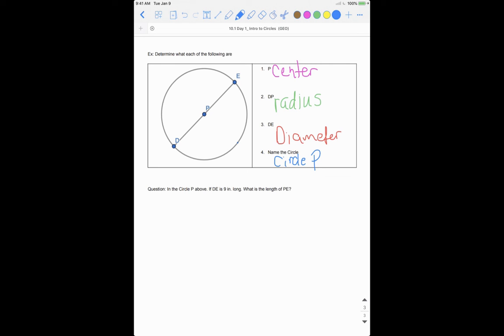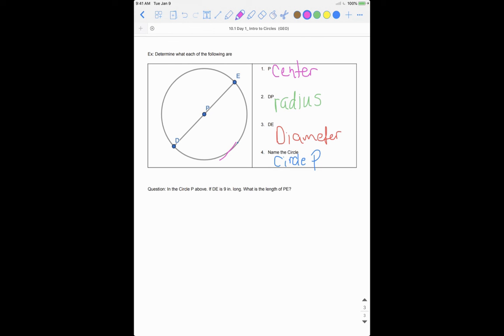Whatever your center point is, that's how you name your circle. So those are the four main things we're going to talk about. We didn't talk about circumference in this example, but we're talking about the center, the radius, the diameter, and how you name a circle.